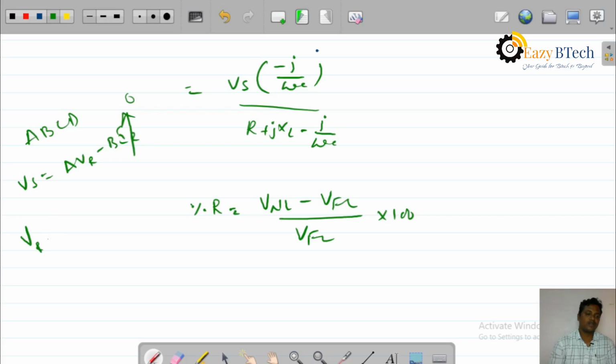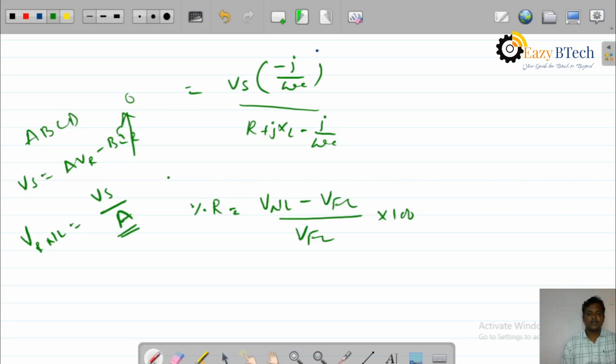Therefore, VR at no load equals VS by A, if you know the term A. Okay, you can use this for calculating the no load voltage also. This is the way we calculate the regulation, efficiency, sending end voltage, and sending end current in a medium transmission line under the load end condenser method.